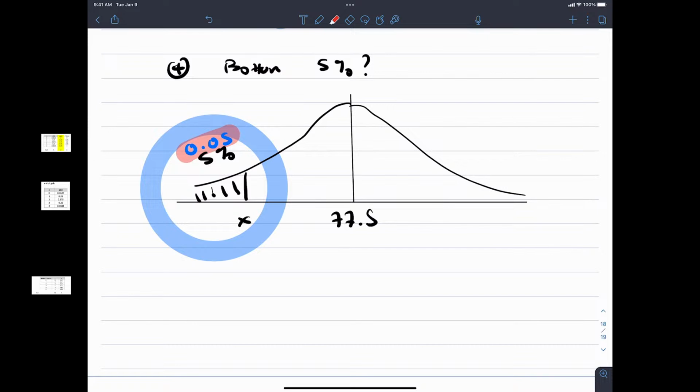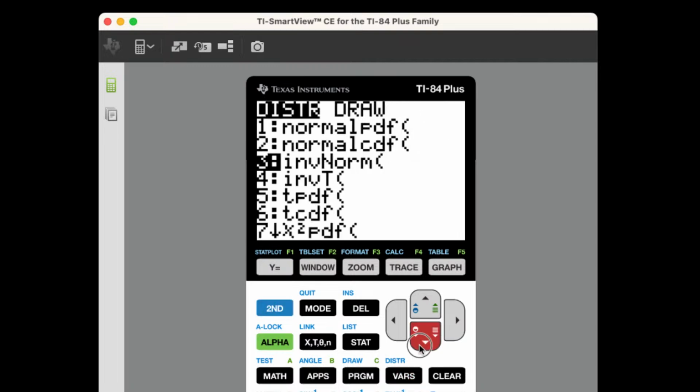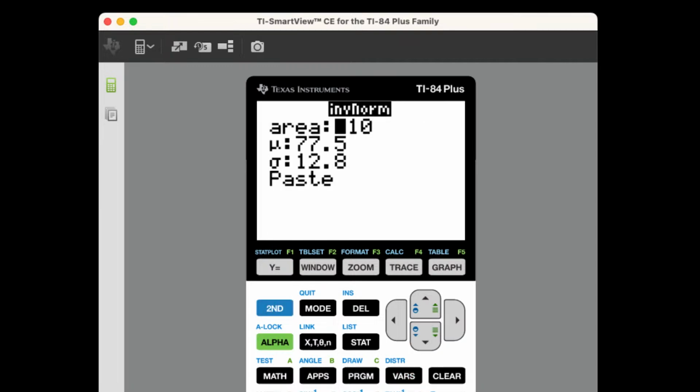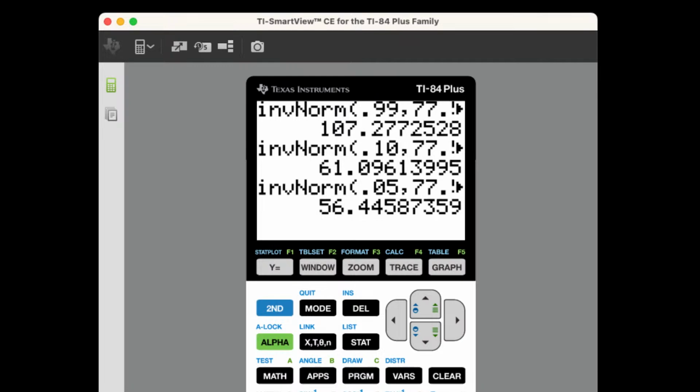Bottom is to the left. If it's bottom, it's left tail. If it's top, right tail. Very simple. So this is now 5%. Even the default, we'll try the default first. Remember, you put 0.05. It's the same mean and standard deviation. Paste it. This is 56, ladies and gentlemen. But you say, no, I have the fancy dancy calculator.